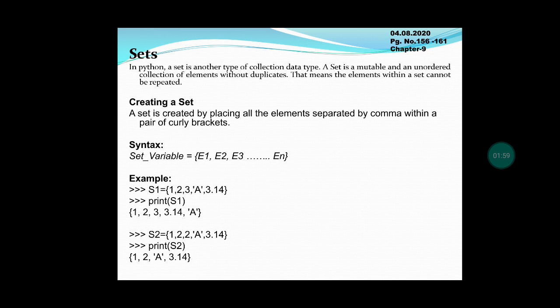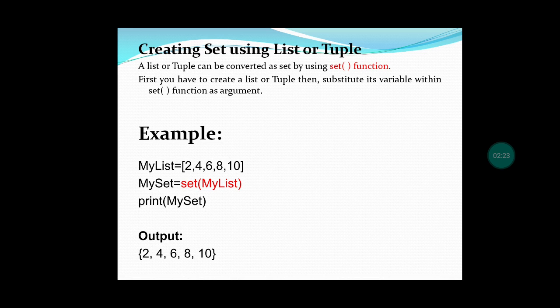The 2 has been given two times, the element has been repeated. But sets will not accept duplicate values. The same value will not be repeated in sets. So we are getting the output as 1, 2, A, 3.14. I think you have understood about sets and this example.